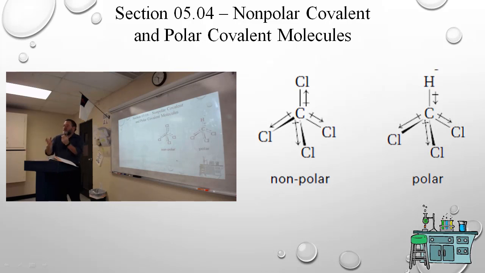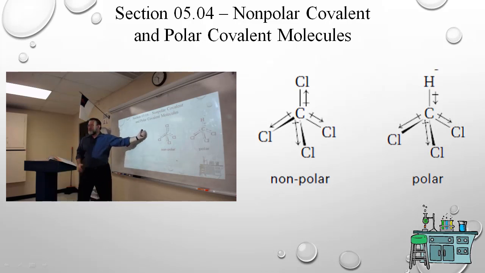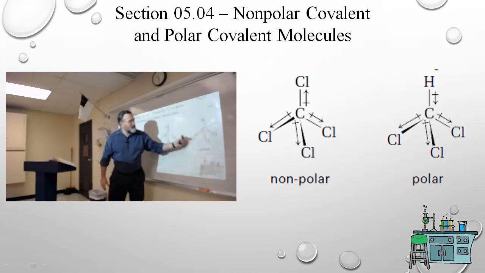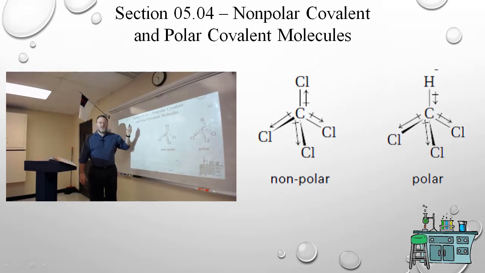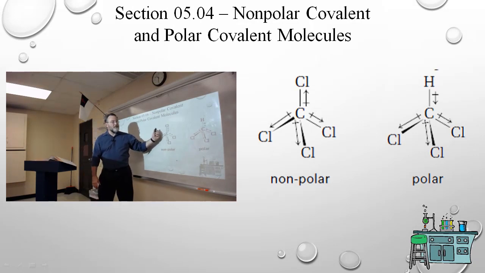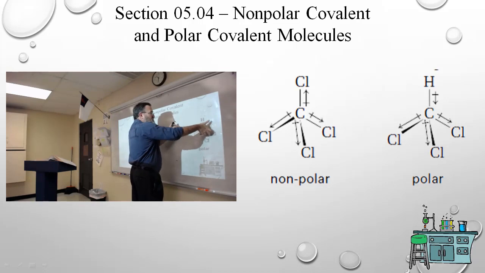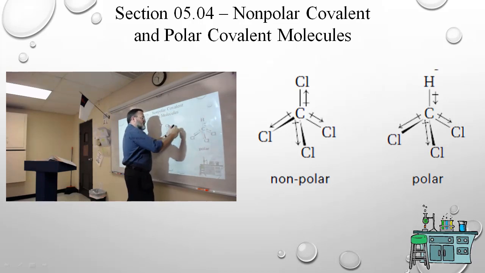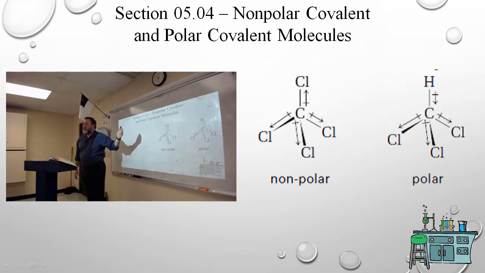So it's not going to respond to this positive charge coming towards it. But if I look at my CHCl3 molecule, as I bring this positively charged pointer towards it, what's going to happen? It's now going to pivot, and the hydrogen is going to be attracted to the positive, and the chlorines are going to be repelled from the positive. There's going to be a response to the charge, because it's polar as opposed to being nonpolar.